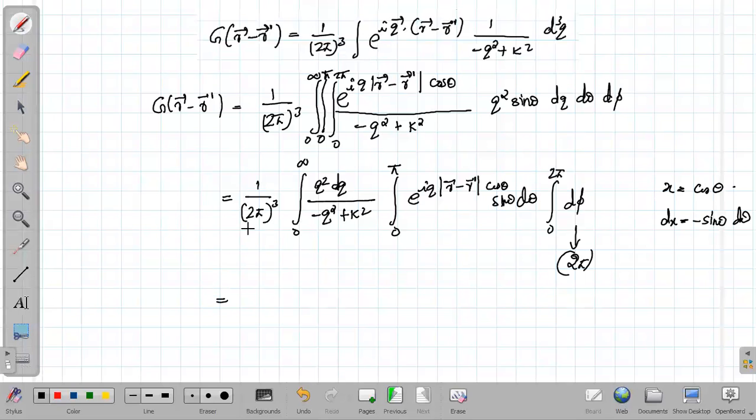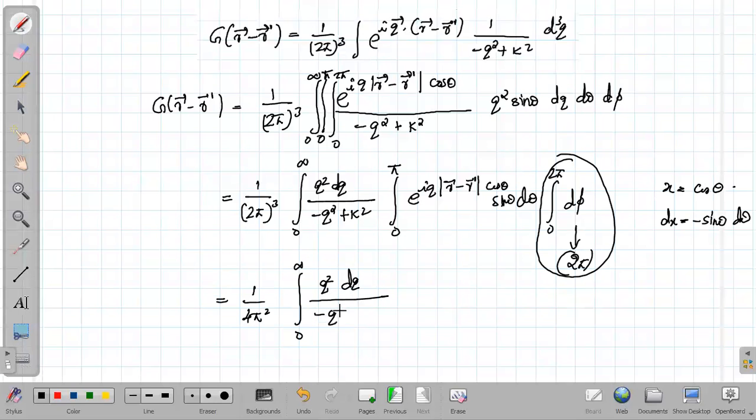So this becomes 1 by 2 pi cube, and there is a 2 pi over here. This integration becomes 2 pi. So this becomes 1 by 4 pi square integral 0 to infinity q square dq upon minus q square plus k square, and this integration 0 to pi: when theta becomes 0, x becomes 1. When theta becomes pi, x becomes minus 1.